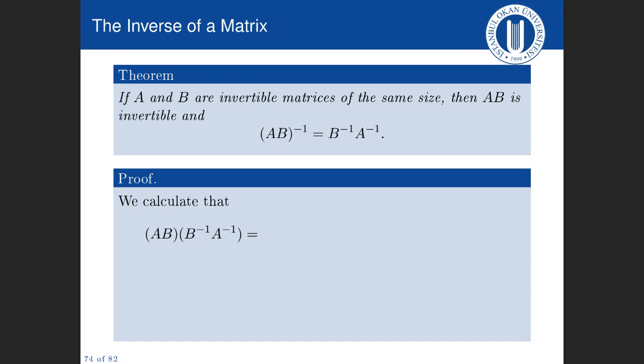I'm going to calculate AB multiplied by B inverse A inverse. And remember, we can move the brackets wherever we want. So this is the same as A multiplied by B B inverse, then A inverse. But B B inverse is just the identity.